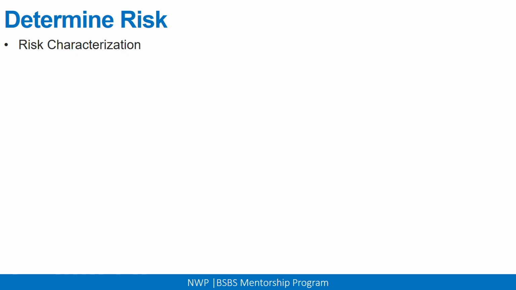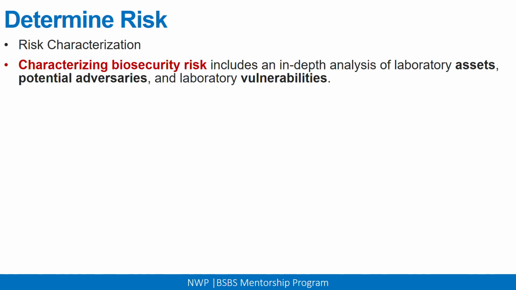But for biosecurity, there's another step that we need to take to determine the risk. The first thing is risk characterization. There is a risk characterization in biosafety risk assessment as well, but for biosecurity, the risk characterization includes an in-depth analysis of laboratory assets, the potential adversaries, and the vulnerabilities in your laboratory.